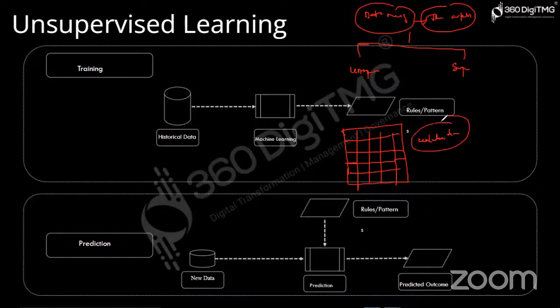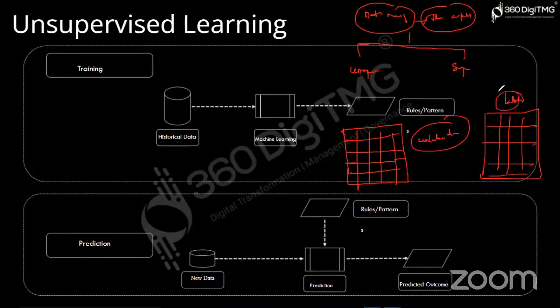In the same way, in case of supervised learning, I have both input variables as well as output variables. This is known as labeled data. The output data is also known as label, or target. We have multiple names for it. The input data is the independent data and the output data is the dependent data.